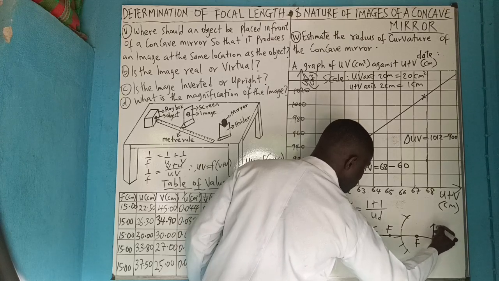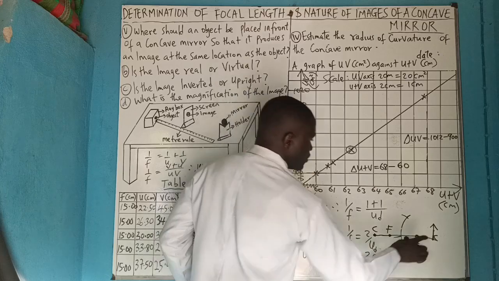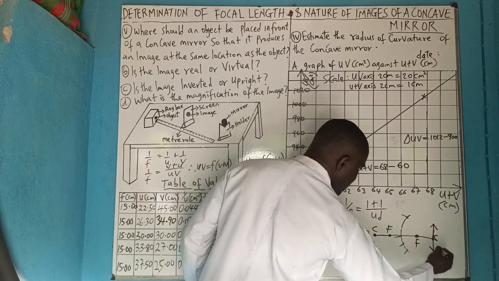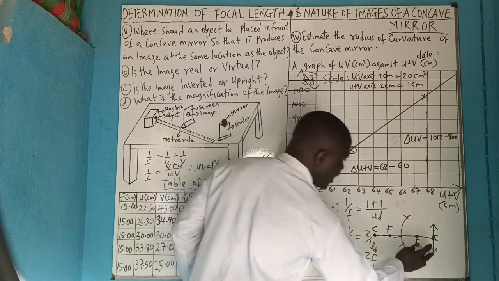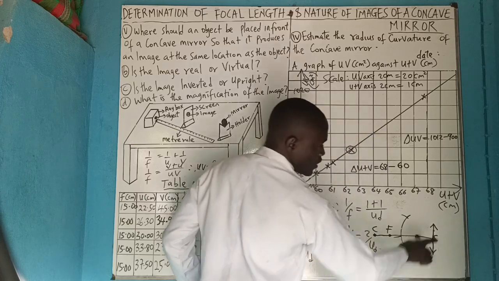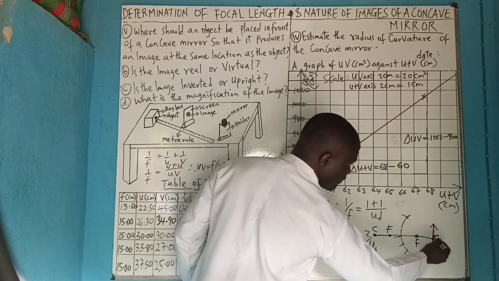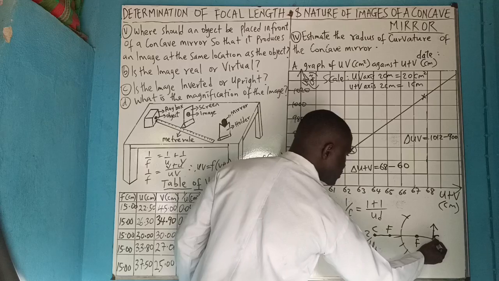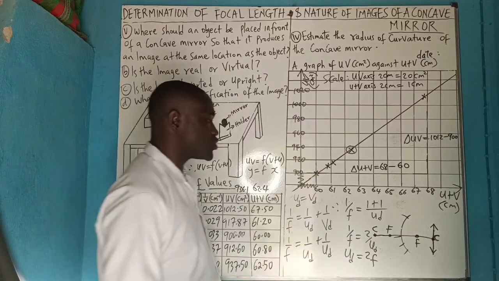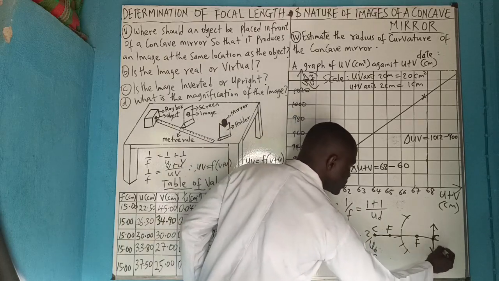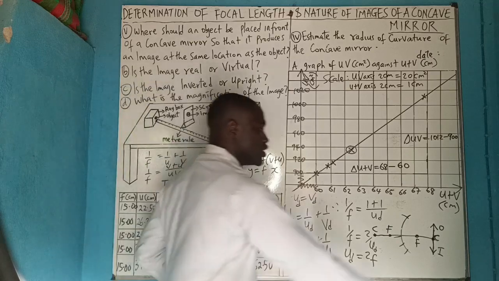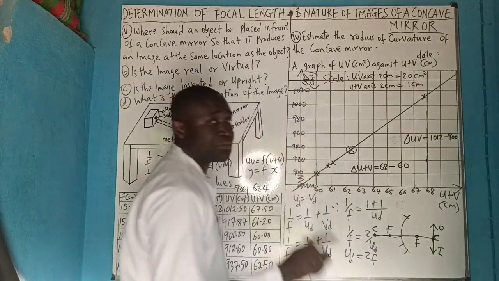If the object is 2 cm in height and this is the distance, it means that it also forms an image which is 2 cm in size, still at the center of curvature. The point where the radius of curvature is located is called the center of curvature. So this is the image and this is the object because it is located at the center of curvature, which is 2 times the principal focus.